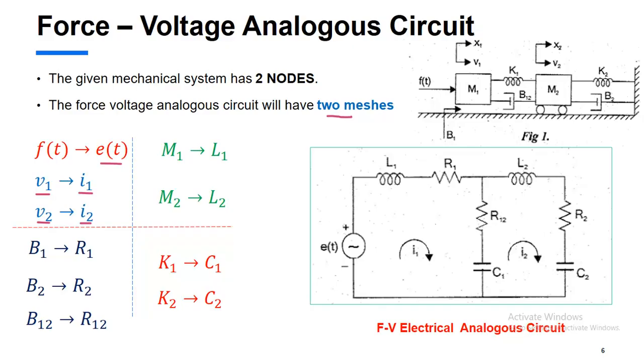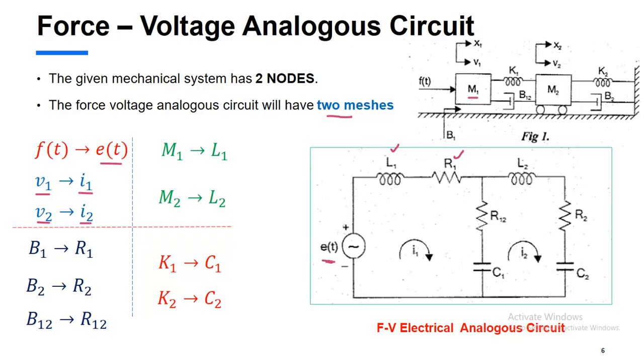Now, if you consider the mass 1, we are having an applied force. So in this particular mesh 1, we are having a voltage source. And M1 is equivalent to L1, B1 is equivalent to R1, and K1 and B12 are available between the two nodes.